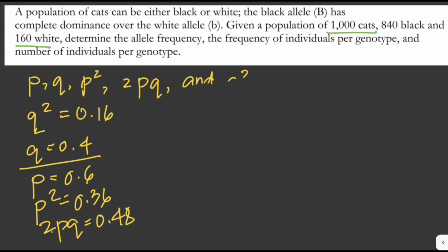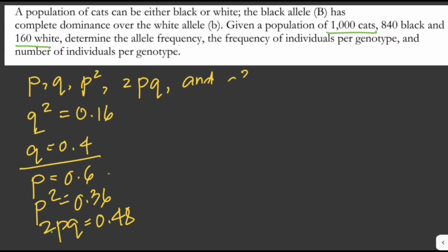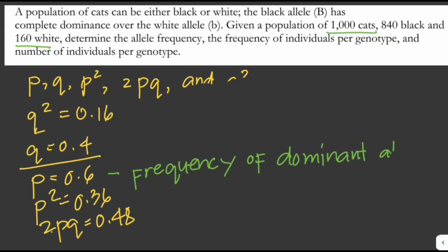So p here is the frequency of dominant alleles, and then q is the frequency of recessive alleles.